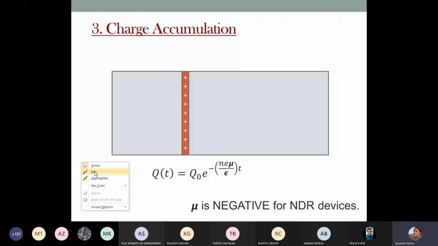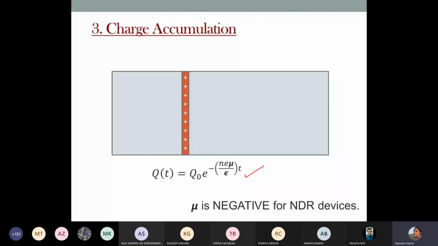Those who are doing this in your notebook, are you getting an expression like this using the Ohm's law and the definition of J? Yes, ma'am. So you can see that instead of sigma, I can just replace it in terms of mu using some simple algebraic manipulations. I trust you on this.